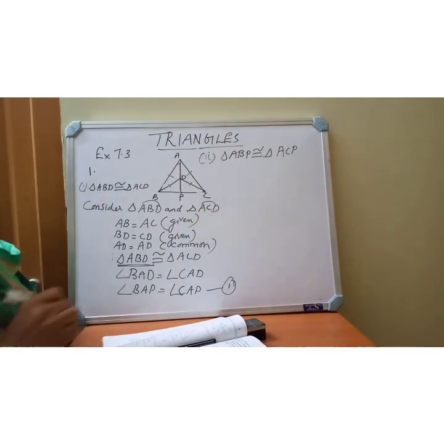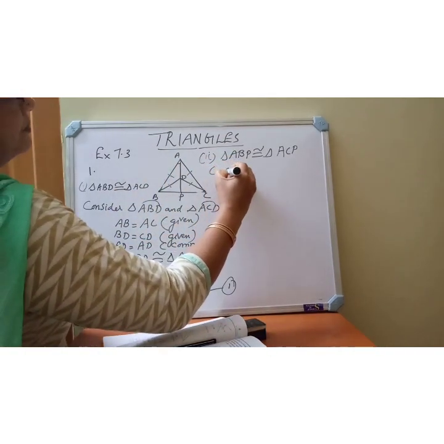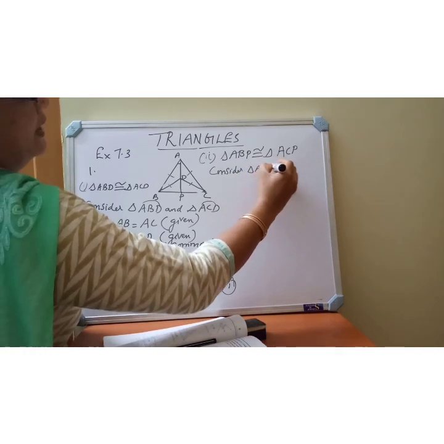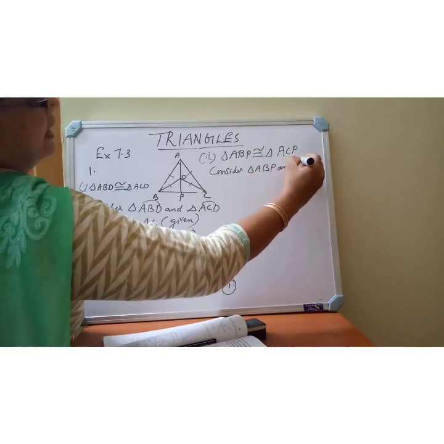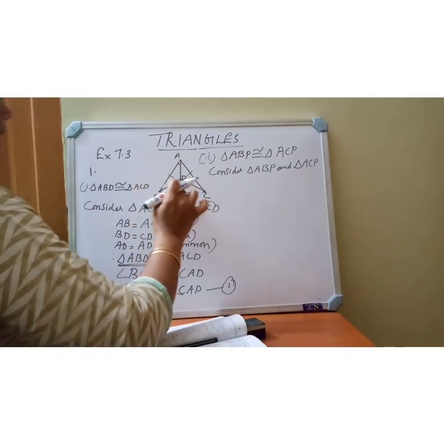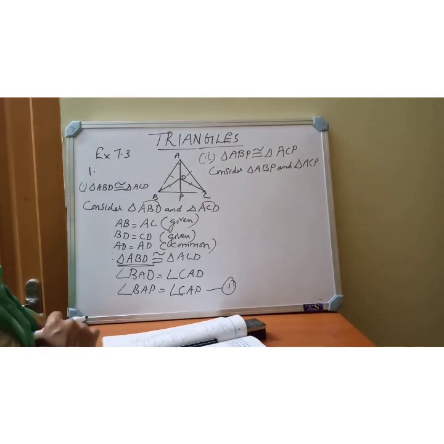For proving this, first we must consider triangles ABP and ACP. All of you look at the diagram. In triangles ABP and ACP, what are the two sides equal here?